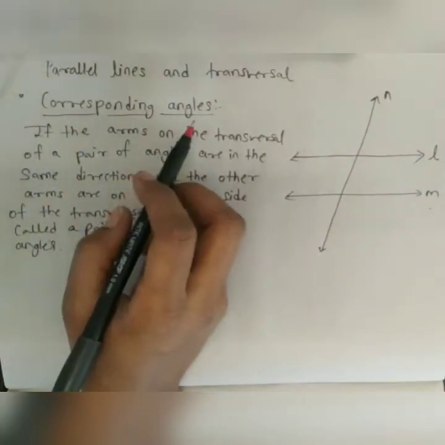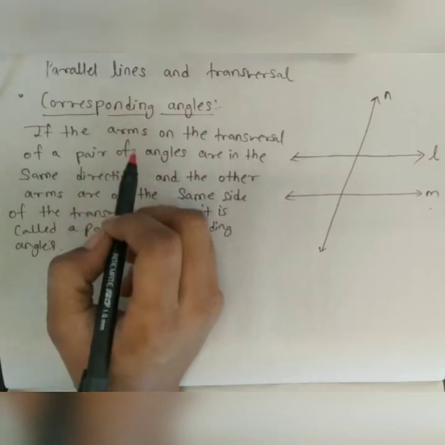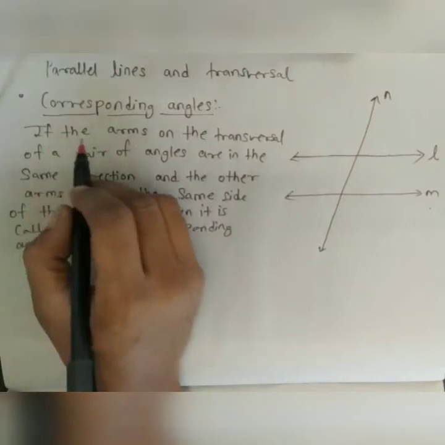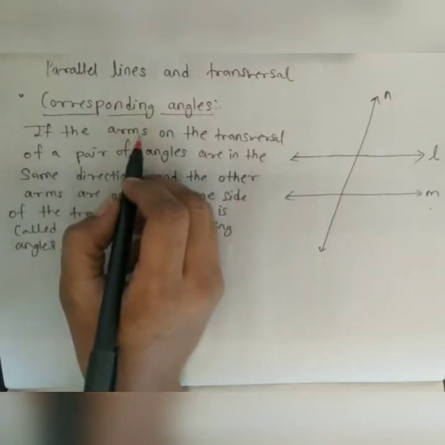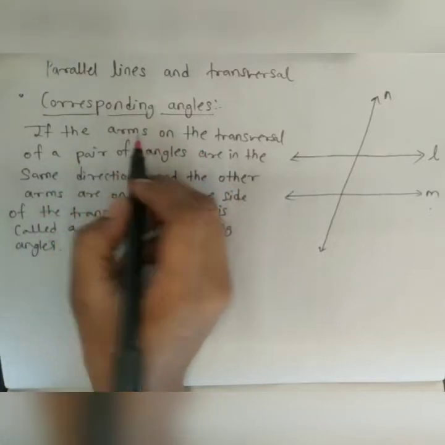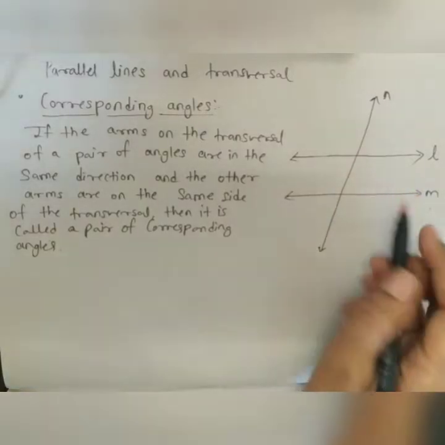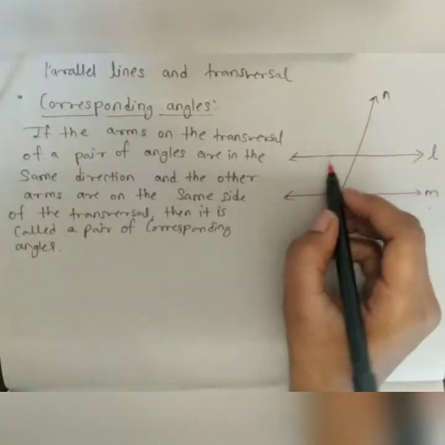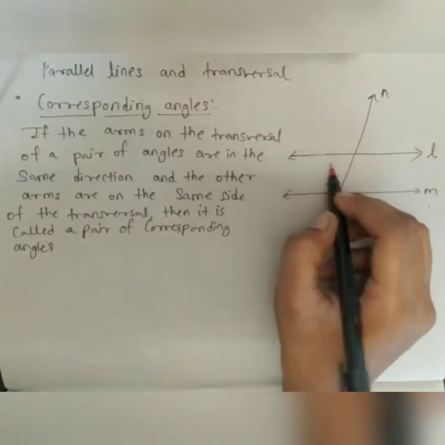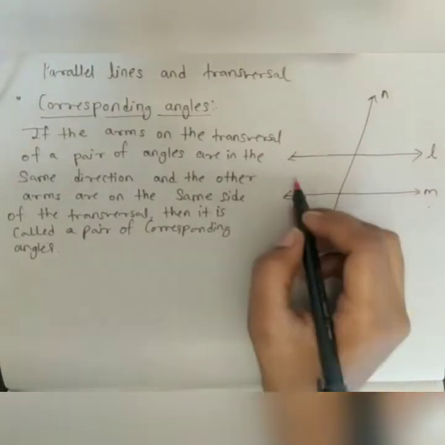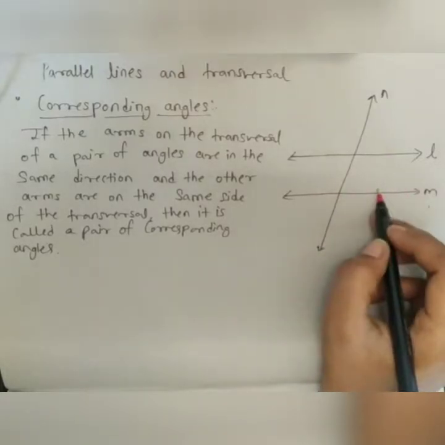Corresponding angles. What is the definition of these corresponding angles? If the arms on the transversal, first we should know what arms are in this. See here, this is one arm, this is the second arm, third arm, fourth arm.